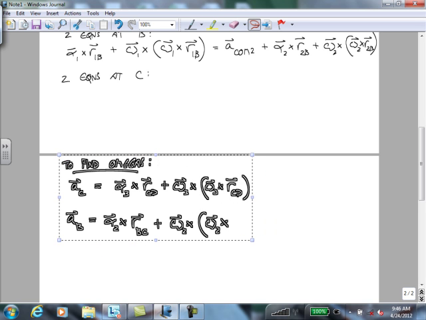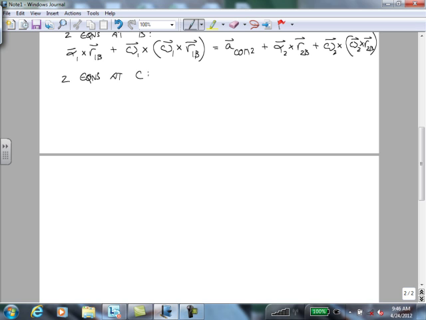So the two equations at C then are going to be the velocity.